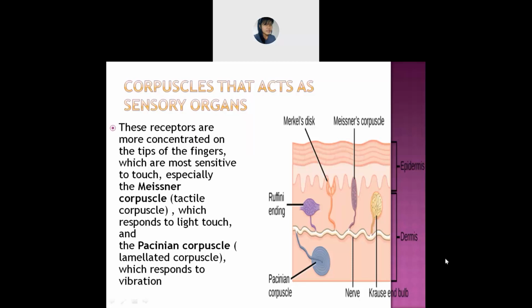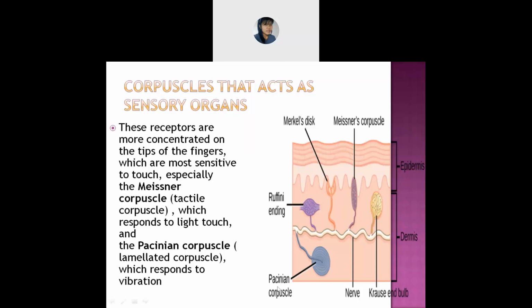It responds to vibration. When something vibrates, you will be able to feel it. Are you able to feel it? Yes, ma'am. That is possible because of the Pacinian corpuscles.